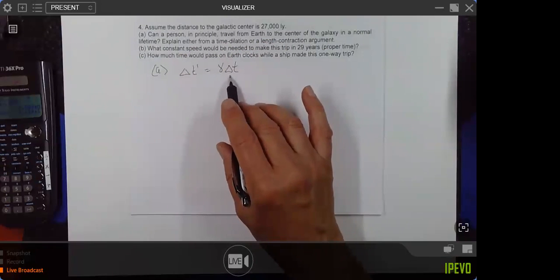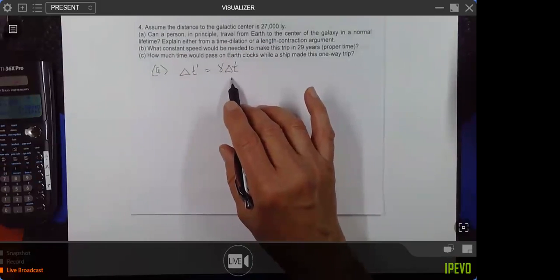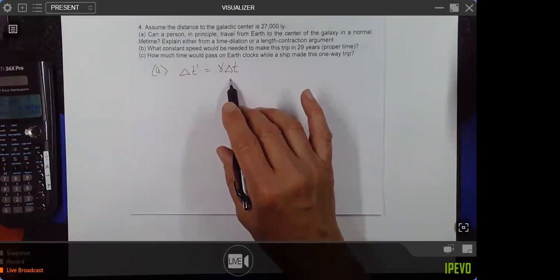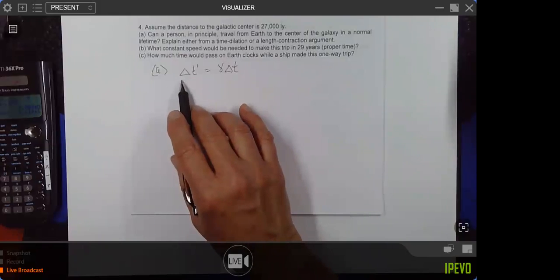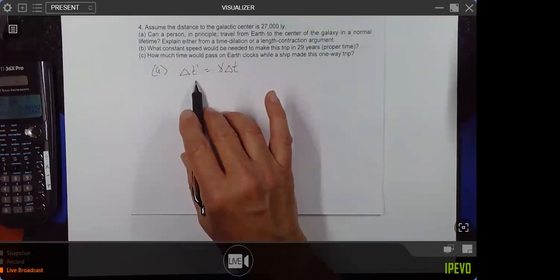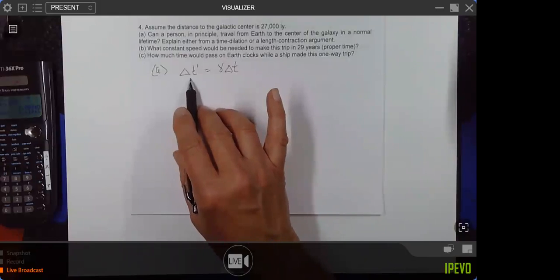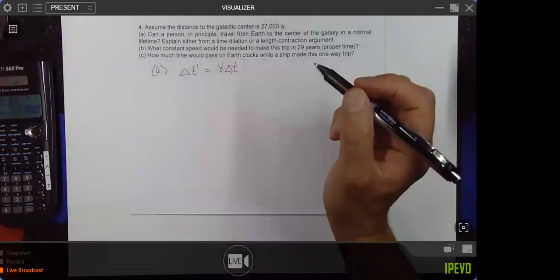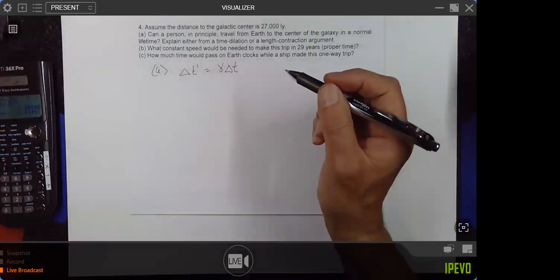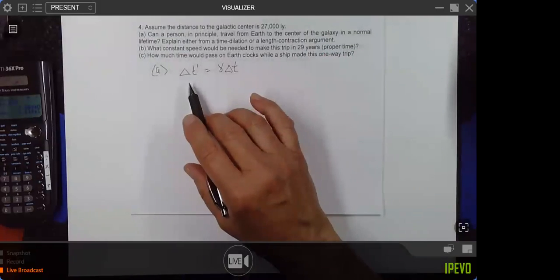We might be interested in the delta t. This might be the time that passes for the person on the spaceship. An observer who watches that spaceship moving away from them would be measuring the delta t prime. And so this spaceship's going to have to go pretty darn close to the speed of light.